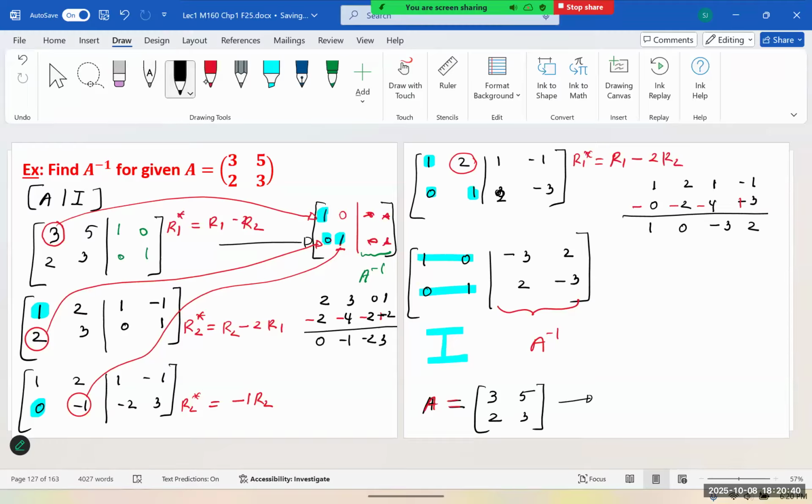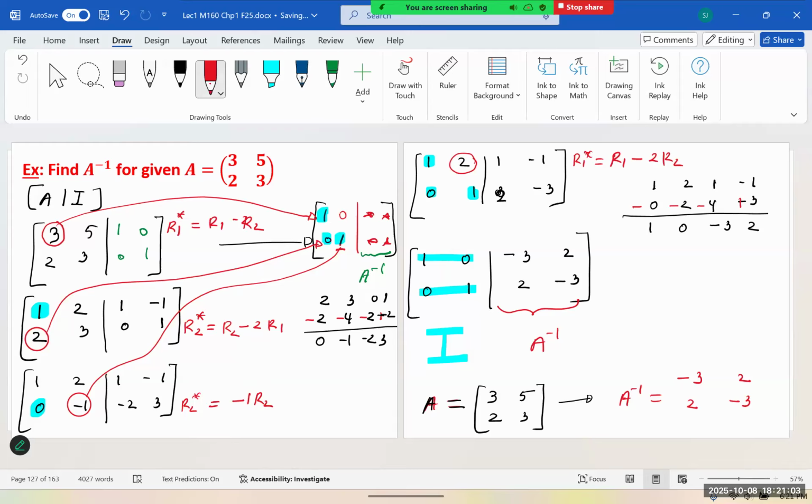And we just found out that its inverse is also a 2 by 2 matrix. It's -3, 2, 2, -3. I did something wrong, right? I feel like I did something wrong.